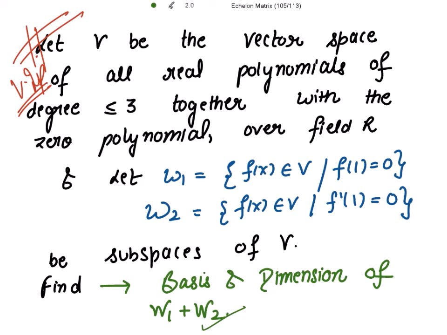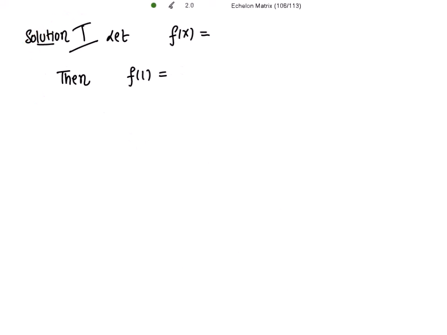For that, first we need to find the generators for W1, and then the generators for W2. Let's take a polynomial from W1 first, and let f(x) = a + bx + cx² + dx³, belonging to W1.